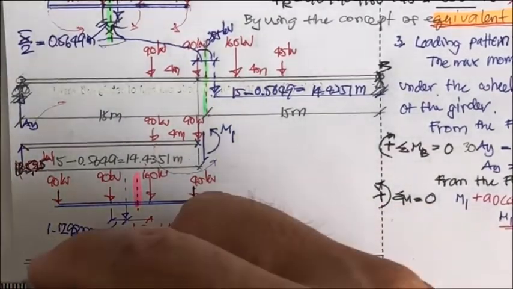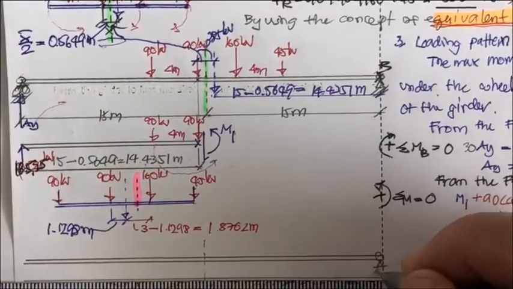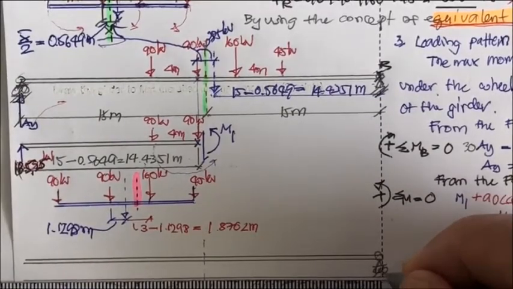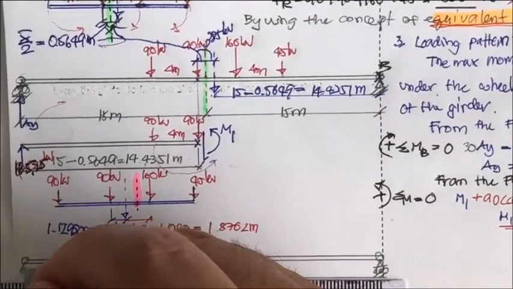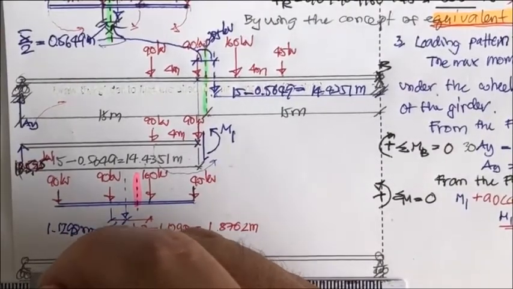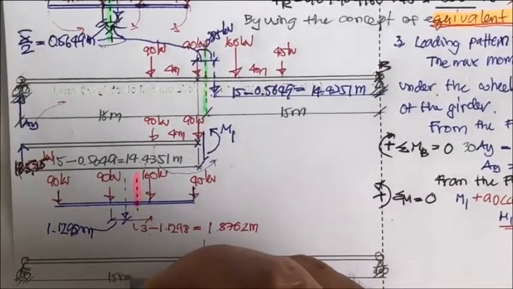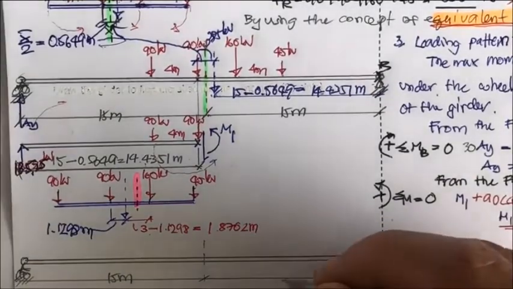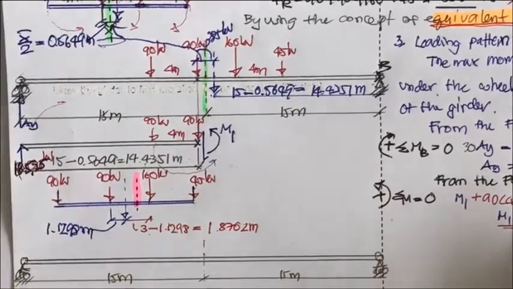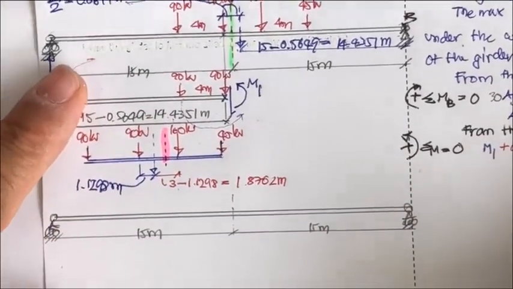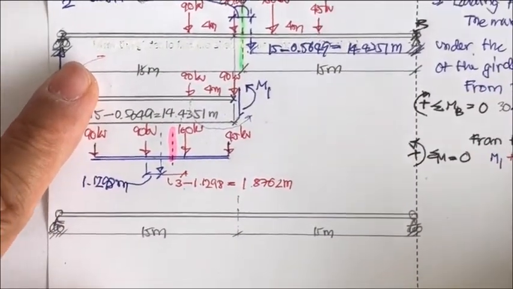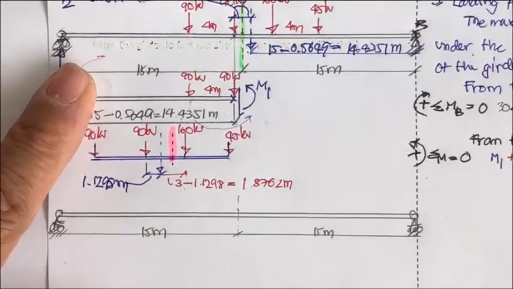So this is going to be pin and roller. Okay, and this is going to be 15 meter, and this also be 15 meter, and we gonna put this loading onto our mid span.